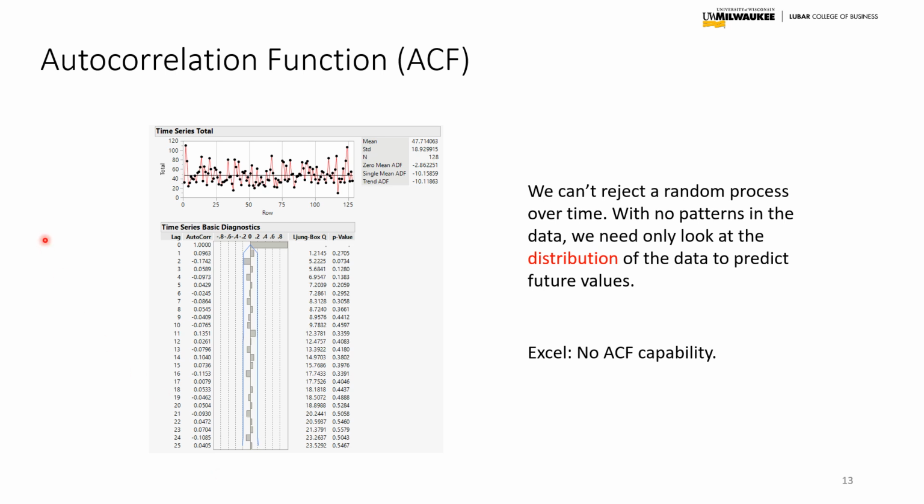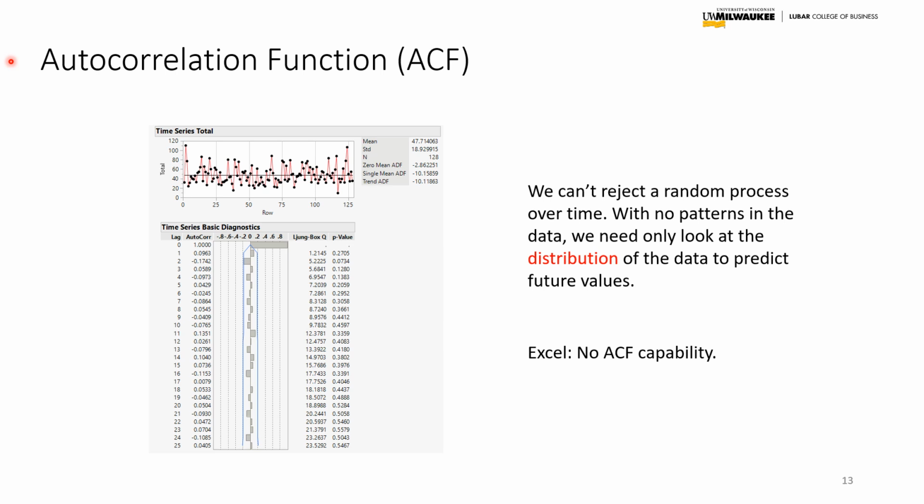Furthermore, what JMP provides are these bandwidths, these limits that can be interpreted as the following. If the process is random, then we would expect 95% of the time the correlations to fall in between the lower and upper limits. We see here that these correlations are basically swimming within these limits, indicating no evidence that the underlying process is not random.